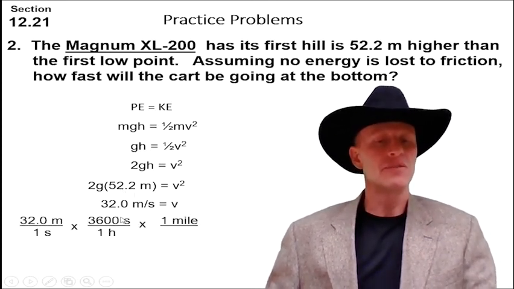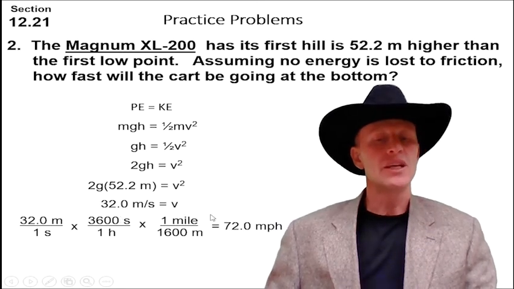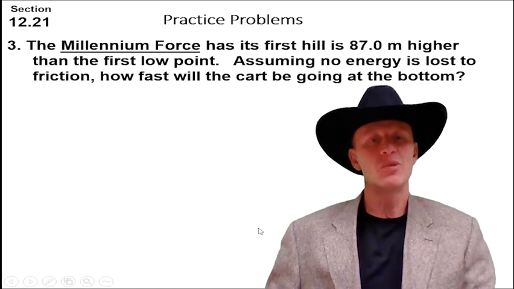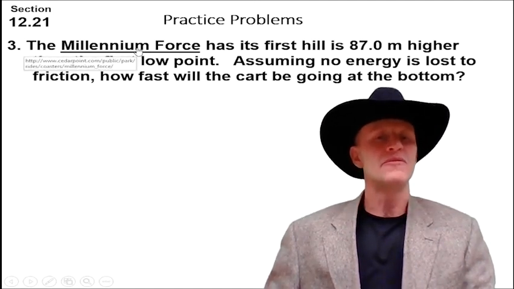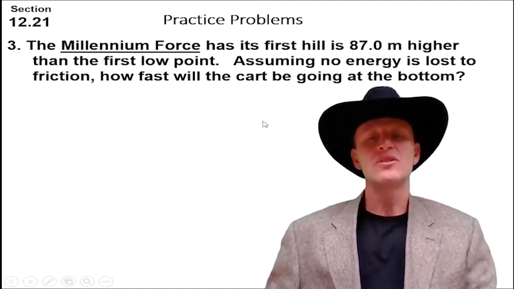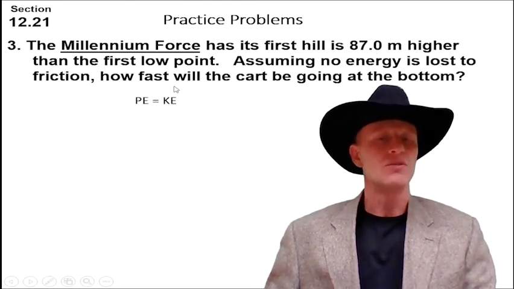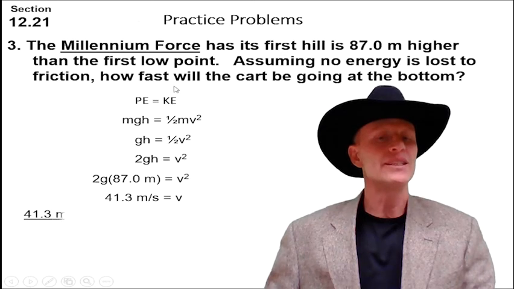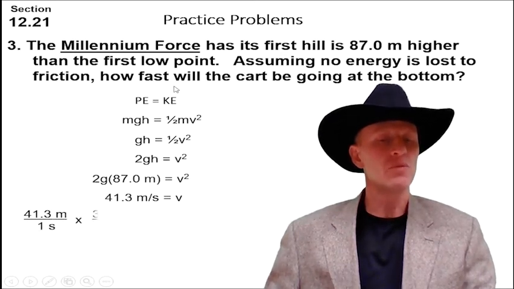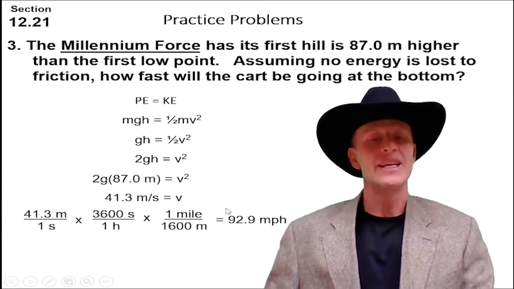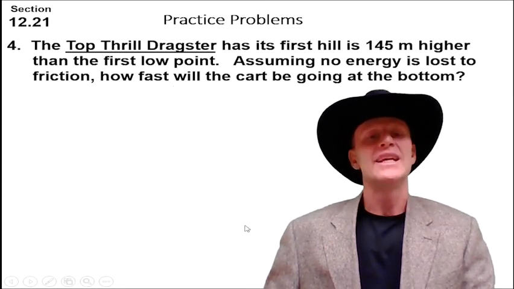So doing that same conversion again, we can change it to miles per hour, and it's only 72, but is that as fast as you can go at Cedar Point? It is not. The Millennium Force has its first hill 87 meters higher than its first low point. So if we do the calculations with 87, it comes up to be 41.3. So is that as fast as you can go at Cedar Point? 93 miles an hour? It is not.